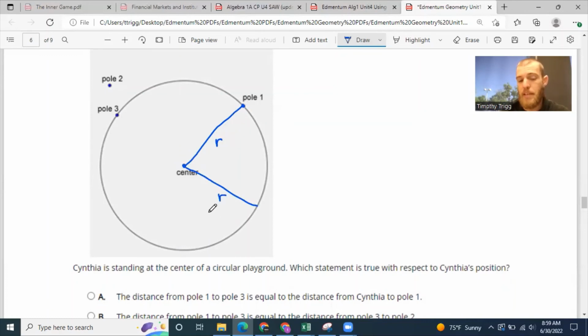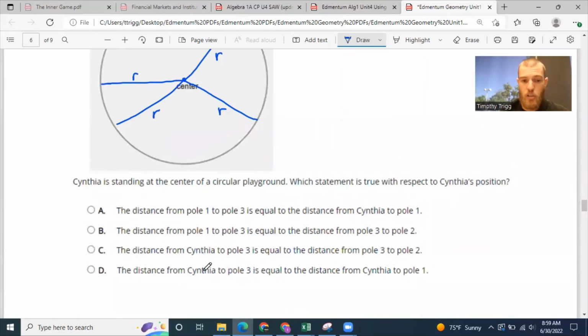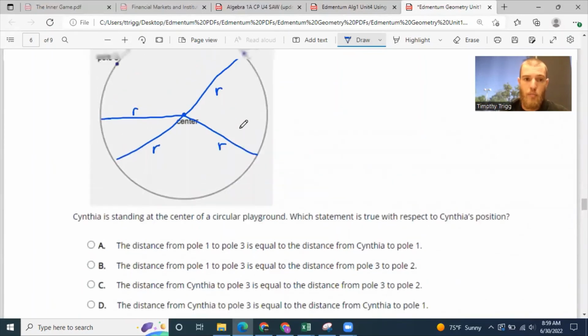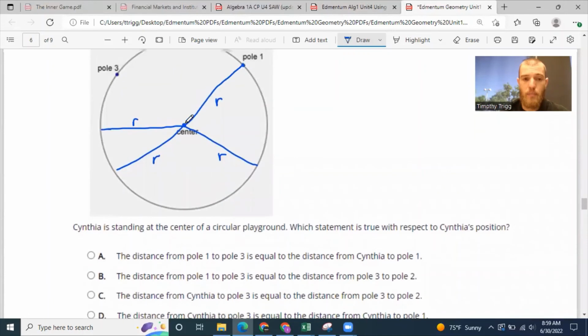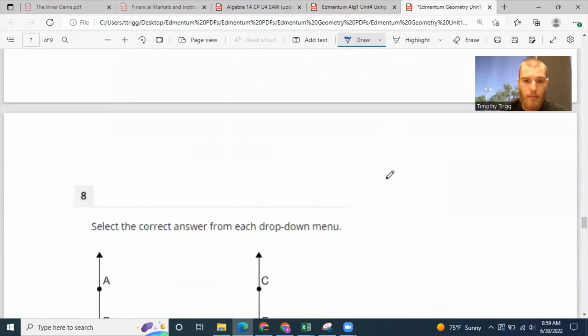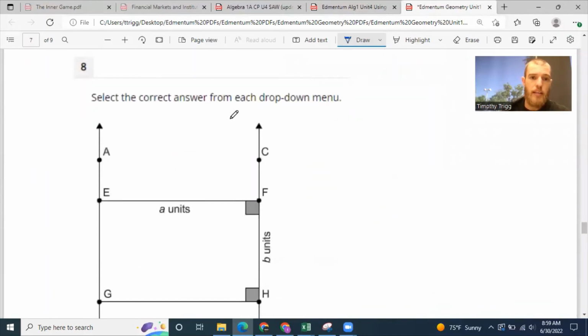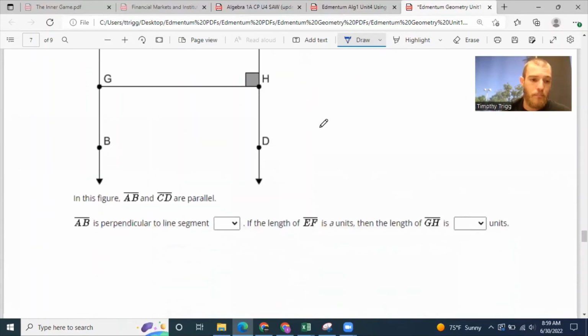So this would be the same distance. This would be the same distance. This would be the same distance. That's kind of what you need to think about when answering this question. Remember, Cynthia is right in the center. That's one thing.